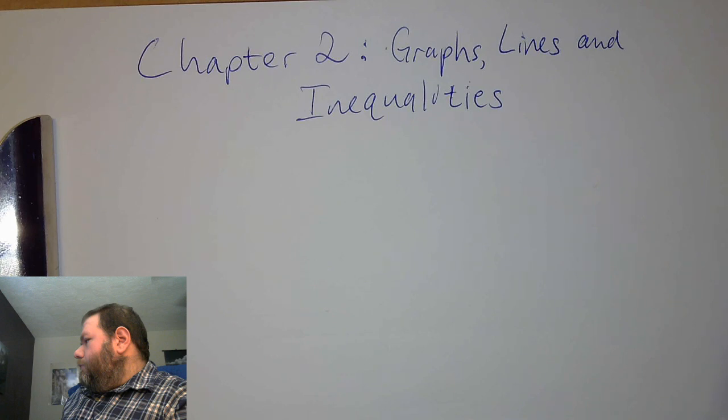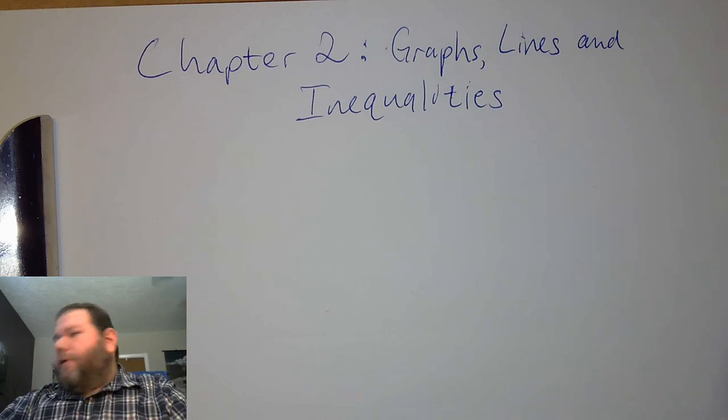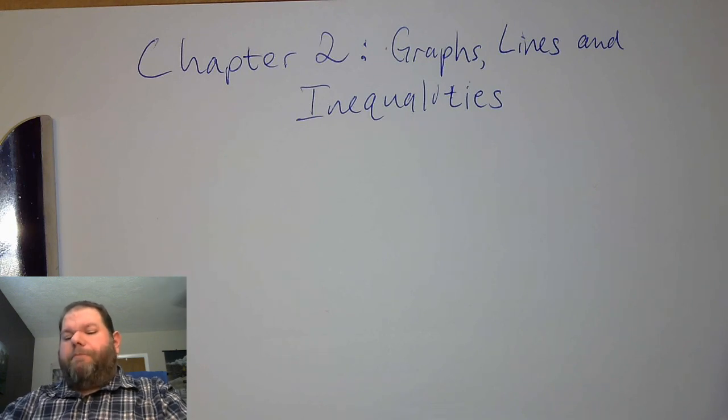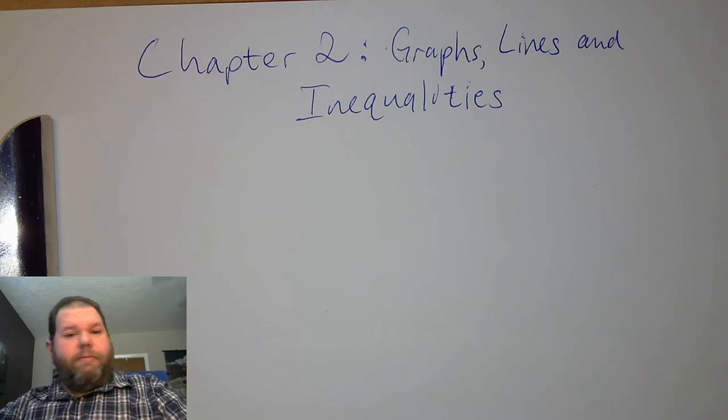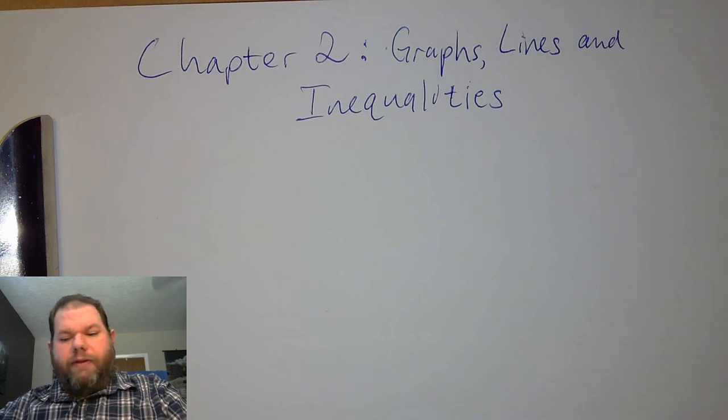So Chapter 2 is all about graphs and lines and inequalities. And these will be useful coming up in the other class when you get to linear programming for optimizing cost and things like that. These are the basic skills that are necessary to do that stuff.